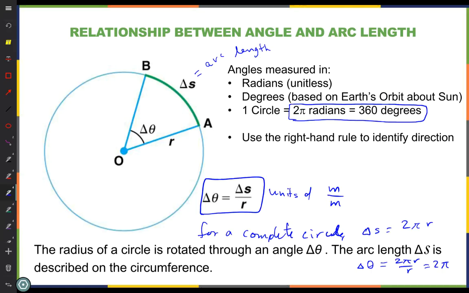So in this case, the picture shown, if it rotates in the direction of my arrow, then I would just take my right hand, wrap my fingers the direction that it's going, and my thumb says that the angle is coming out of the screen toward you. So counterclockwise is coming out, and coming out we usually identify as positive. So counterclockwise angles are positive angles.